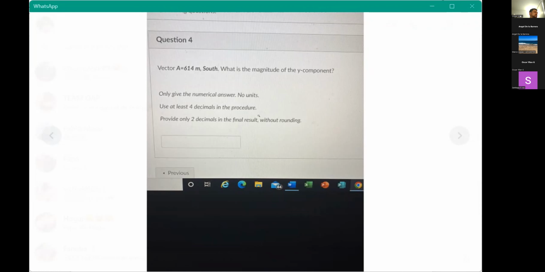So what do you think the answer is going to be? Let's see, if I put it in the calculator and use minus 90, the magnitude is going to be 548.9140. No. Remember, what's the formula for magnitude?